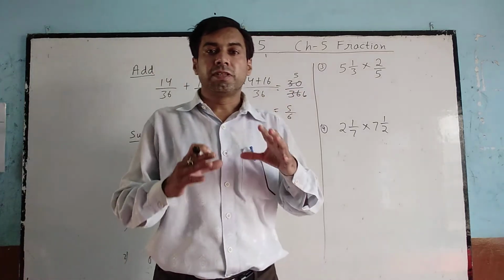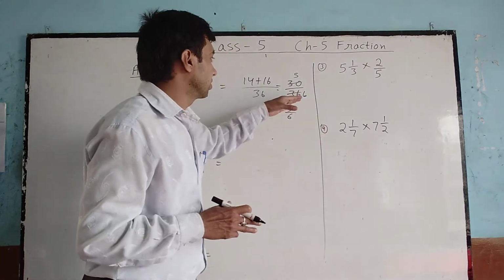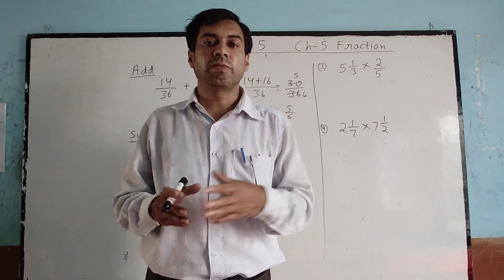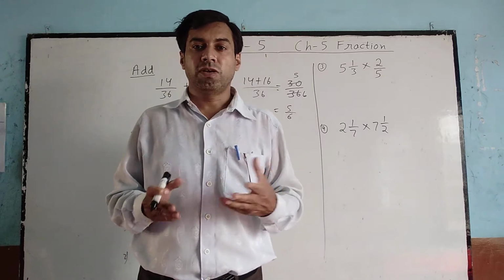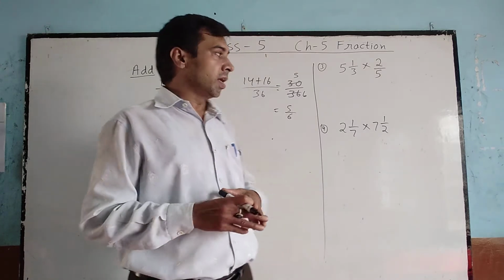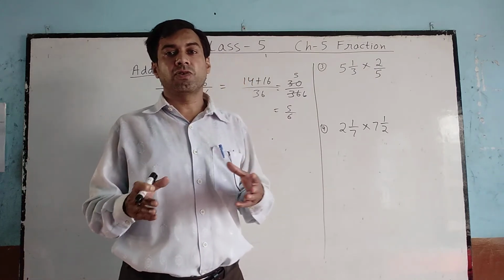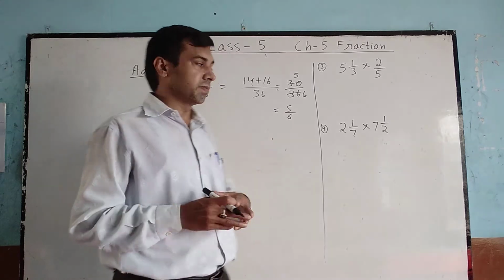But if this type of question is asked in an MCQ and you do not see this option, then you have to reduce it to the lowest term. Then only you can know which option is correct. If you do not reduce it to the lowest term, you cannot identify which answer is correct.